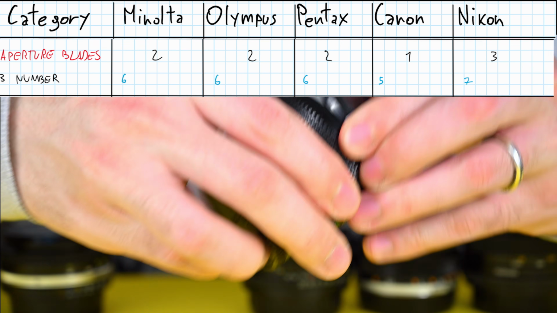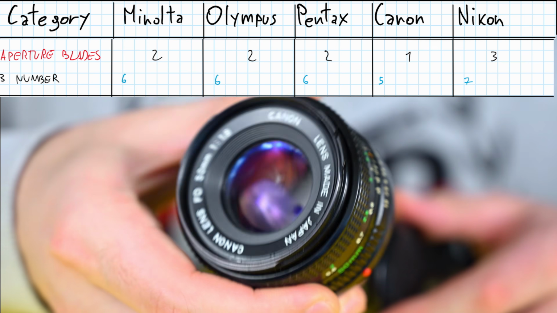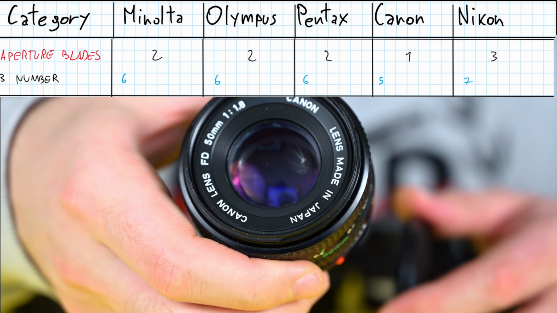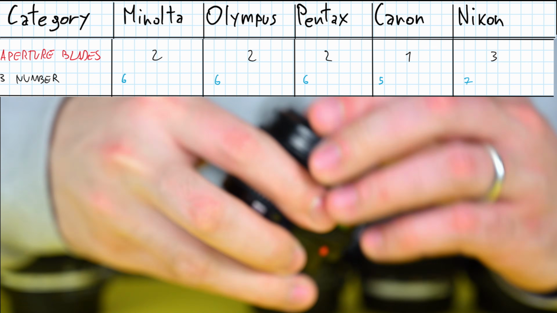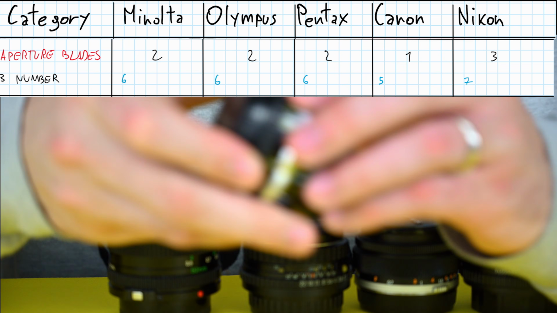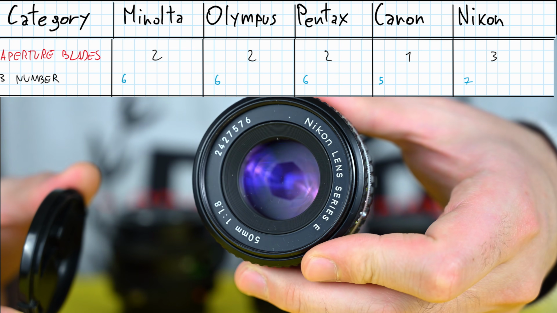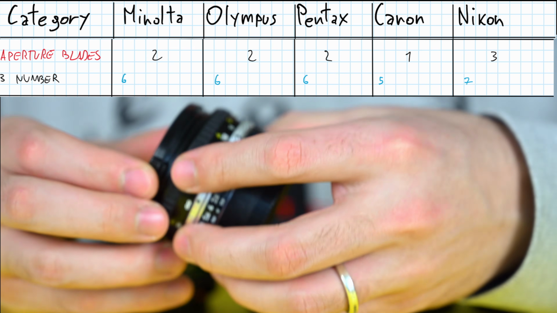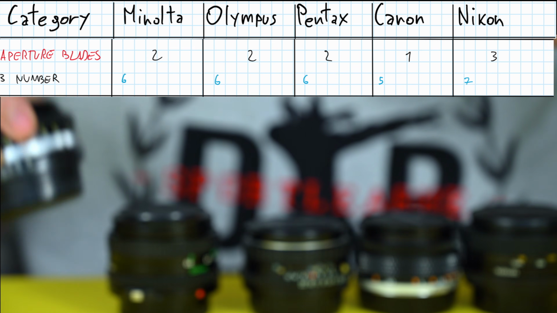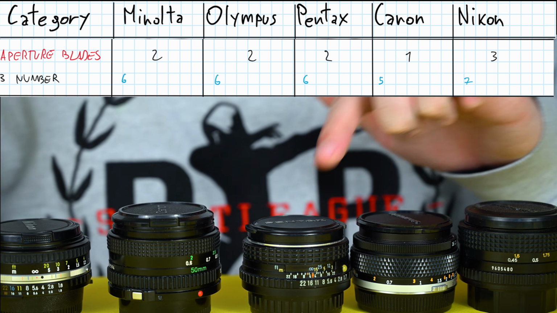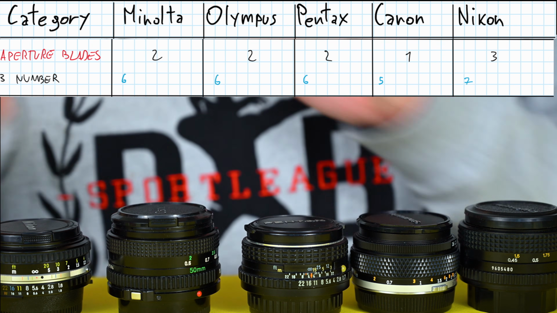I don't know why Canon has only 5 aperture blades. Then I bring 1 point less, which is 1 point out of 3. And then the Nikon, unexpected for A series, has 7 aperture blades. That means we have got 3 points out of 3. 2, 2, 2, 1 and 3 points.